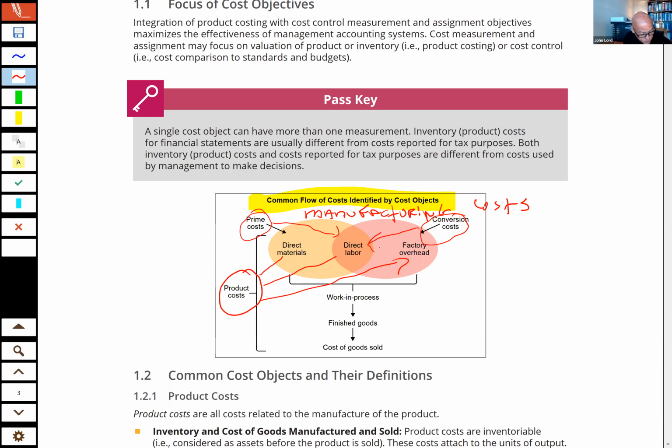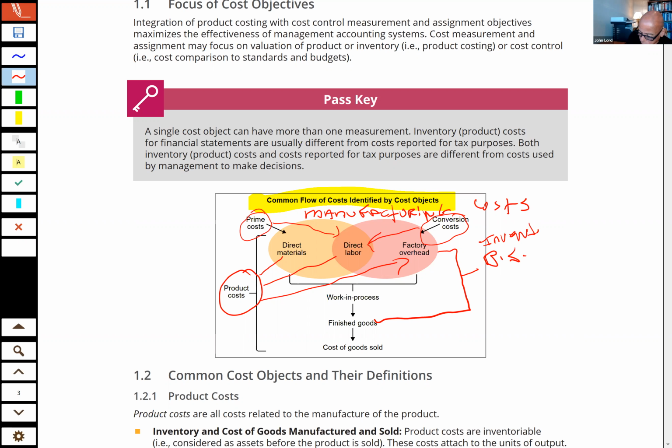Okay, now as we look at these costs, they will start out as basically raw materials and salaries payable and whatnot, and then they will go to work in progress and finished goods, and that is all inventory, various types of inventory, right?